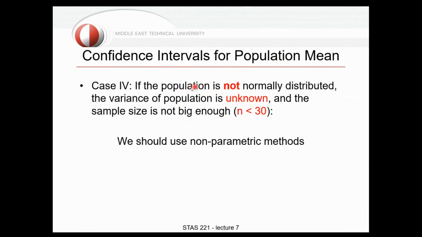If, for example, the population was normally distributed, it was the t-distribution case, right? But this is not normally distributed. If the sample size was big enough, I wouldn't even care that it is not normally distributed; I could use the central limit theorem. But so many problems here, none of them are helpful. So I should use a non-parametric method, which is outside the scope of the book. We won't talk about it.